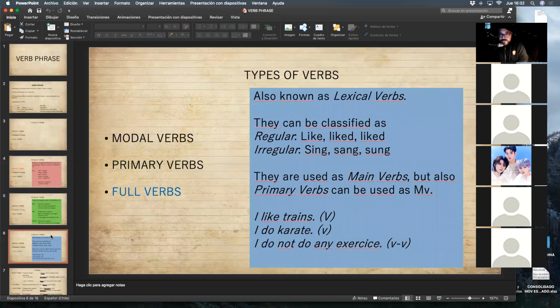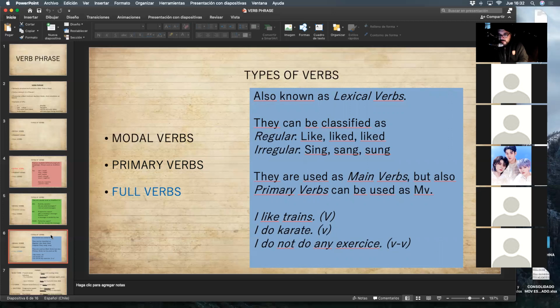Types of verbs. Full verbs, also known as lexical verbs. That's the best way in which we can call them, lexical verbs, right? They can be classified as regular or irregular. Regular if they follow the rule that when you inflect them with the ed1 bound morpheme, we just add ed at the very end of them.